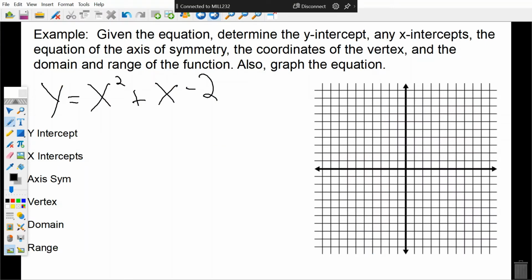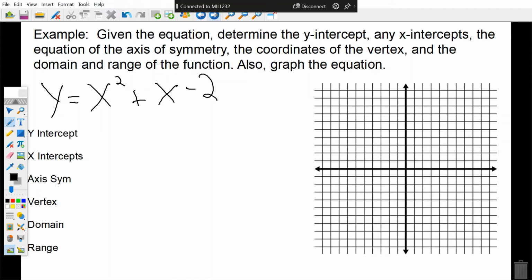So here's our first example. This is the type of question you'll work on a lot in 7.2. Given the equation, you are to determine the x-intercepts, if there are any, the y-intercept, the equation for the axis of symmetry, the coordinates of the vertex, the domain, and the range, and then you have to graph it.